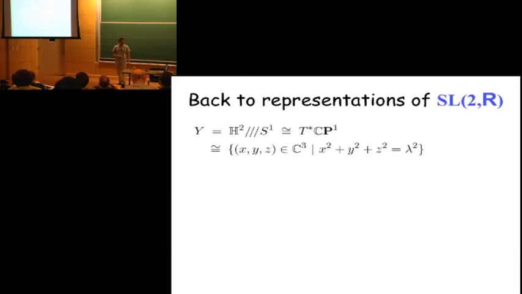Okay. Now, let's go back to representations, and we'll repeat the same story, except we're going to replace R4 with a symplectic manifold T star of CP1. You can view this as a hyperkähler reduction of H2 by S1, or equivalently as a quadric in a three-dimensional complex space. Okay?